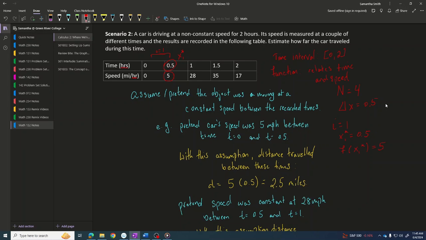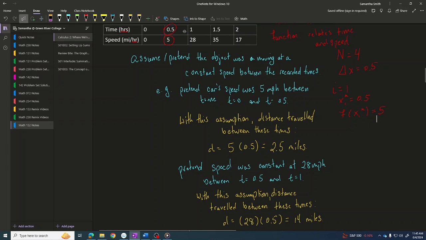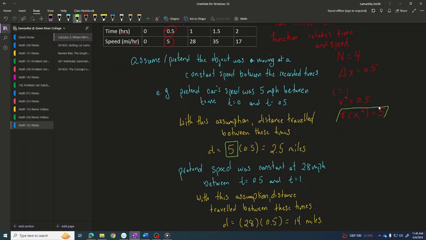Now, what did we do with that? We pretended that the car's speed was constant at this output of 5 miles per hour. And then we took that speed, we took that 5, and we multiplied it by the amount of time that we assumed the object had traveled at that speed. We multiplied it by 0.5.